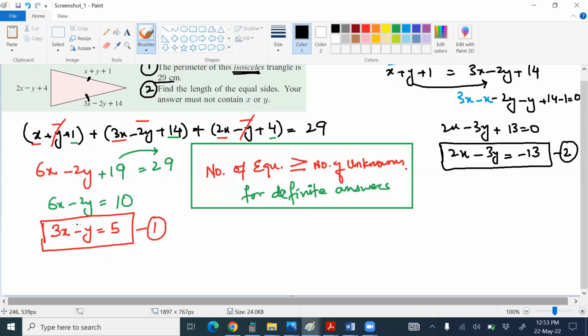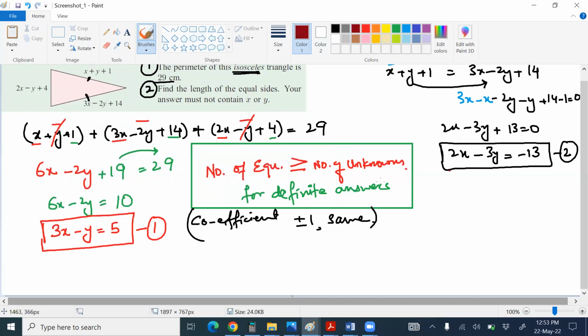So the easy target is the one which has either coefficient positive 1 or negative 1, and even better if you have the same coefficients. These are the easier targets. If they are not available, then we will have to make changes in both equations. But by considering these, we will have to make change in only one of the equations.